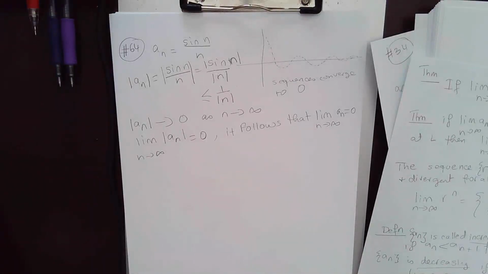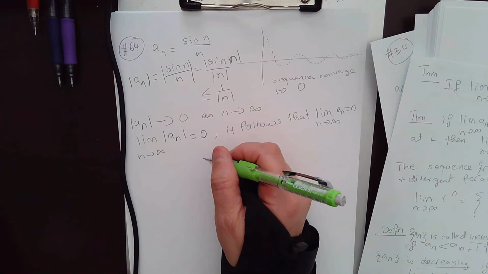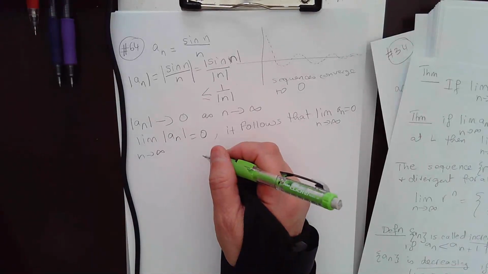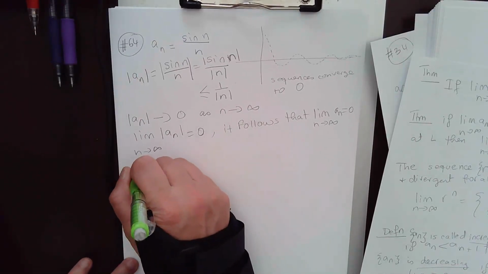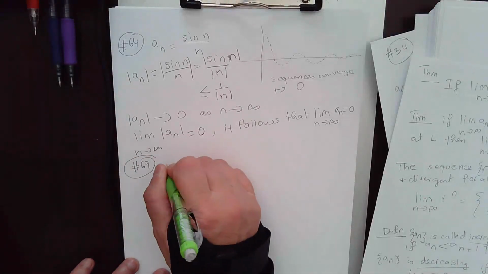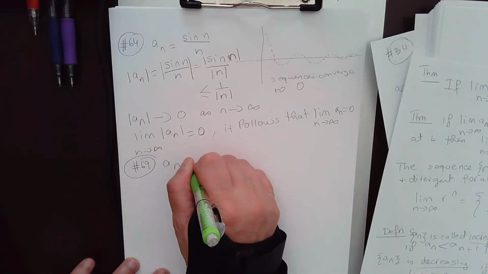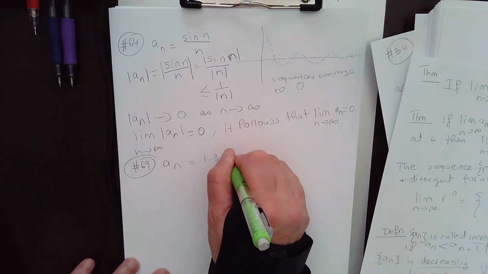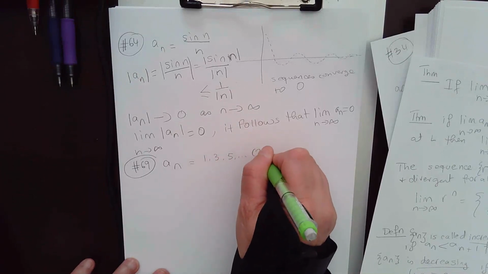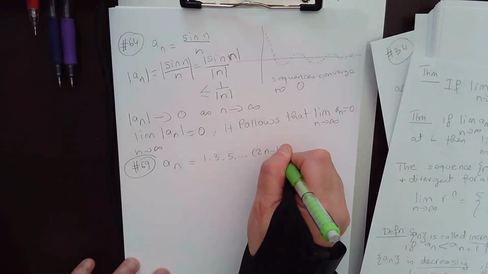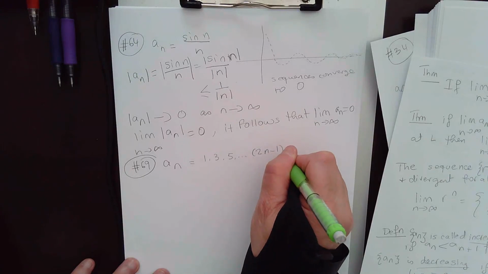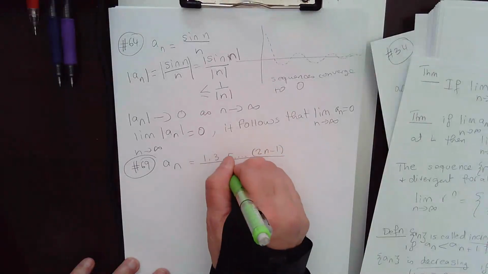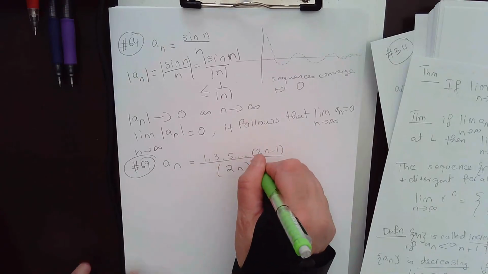So let's go ahead and do number 69. In number 69, the problem is a_n equals 1 times 3 times 5 times up to (2n minus 1) over (2n) to the nth power.